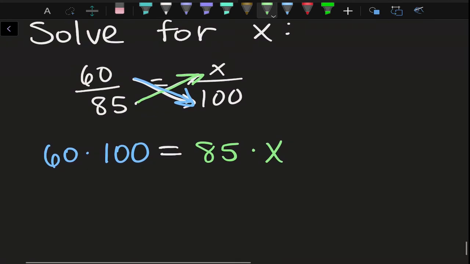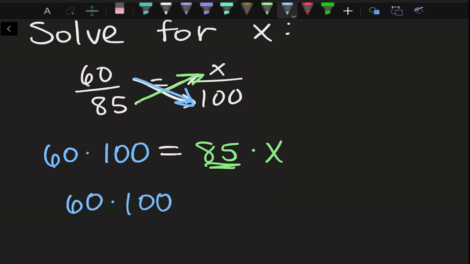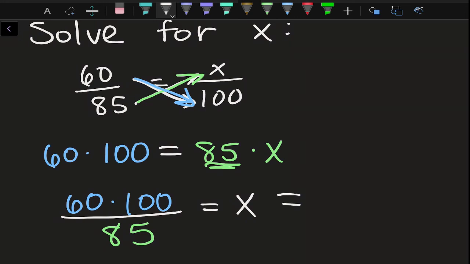Now to solve for x, I need to divide by this 85, which gives me 60 times 100 divided by 85 is equal to x. Okay, and that would have x be 70.59 if we're rounding to 2 decimal places.